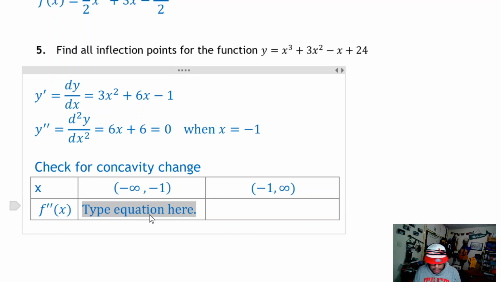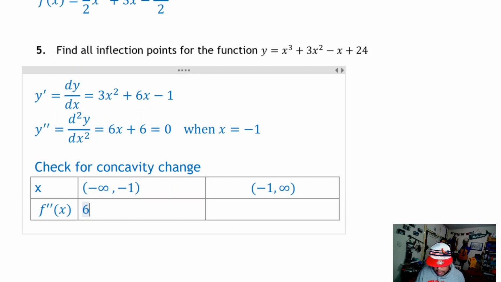So let's check our second derivative for any number between -infinity and -1. 0's not included in that interval, so I'm going to use -100. So let's see, our second derivative is going to be 6 multiplied by -100 plus 6. And yeah, that's going to be a negative result, so less than 0.